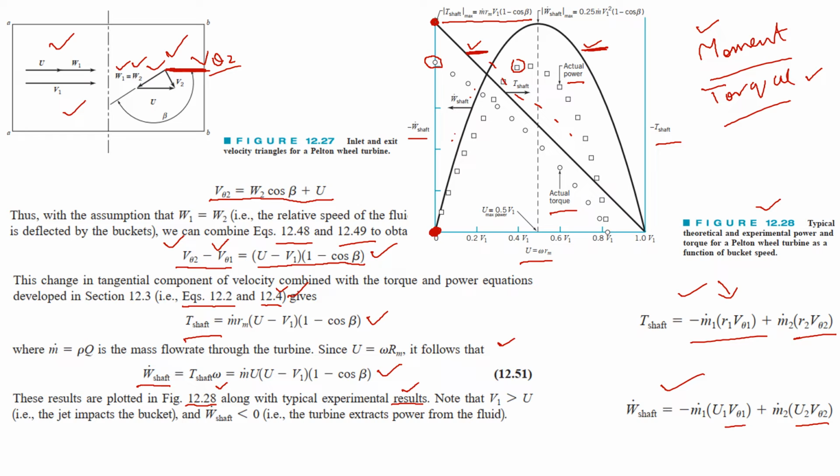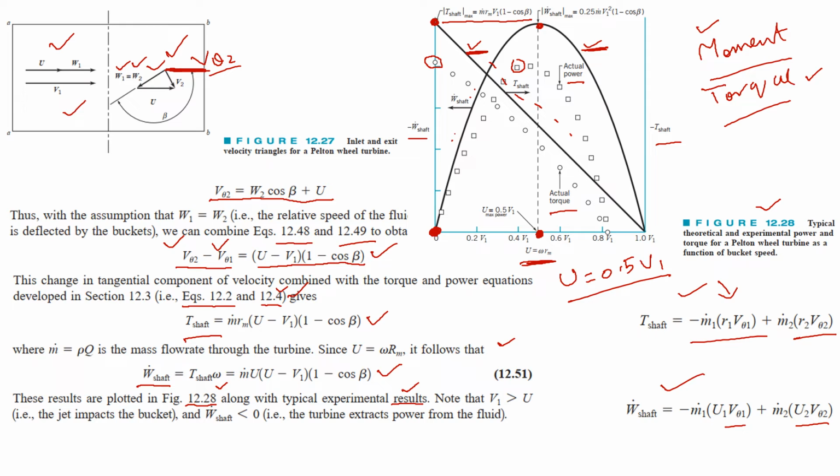And as you can see, the shaft power is maximum at this point when U is equal to 0.5 V1. So at this condition, the shaft power will be maximum.